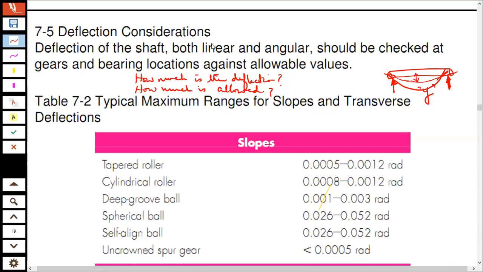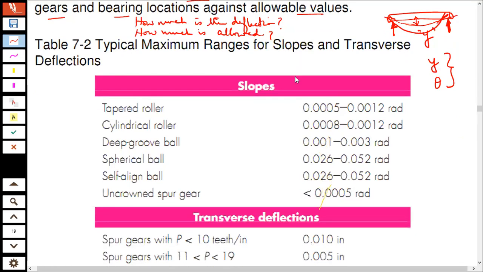So, the deflection of the shaft, both linear deflection and angular deflection, we have to check y and we have to check theta, both should be checked at gears and bearing locations against allowable values.